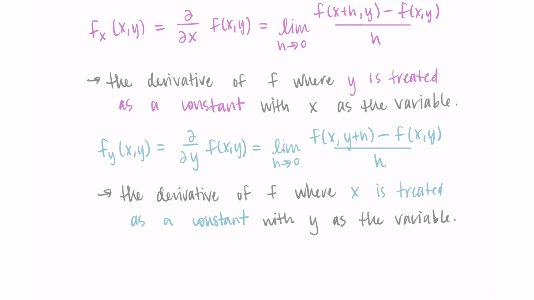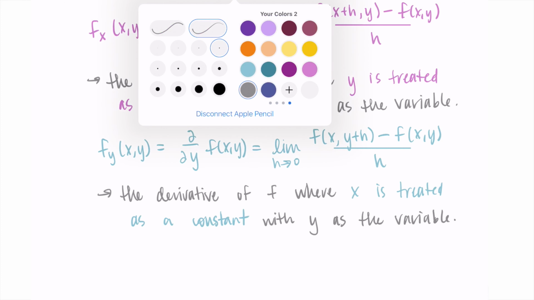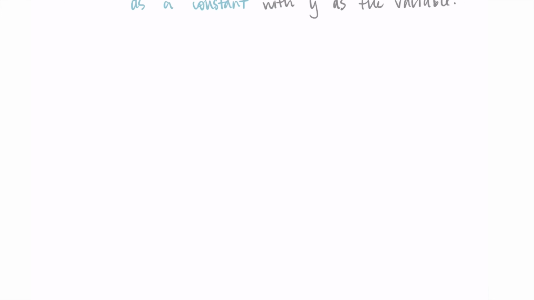What we've written here is the formal definitions of these things, and we'll get into how we use them in a moment, but again, I want to show you some other ways we write these things. Okay, so if we have a function, I'm going to call it z equal to f of x, y, then we can use any of the following notations.